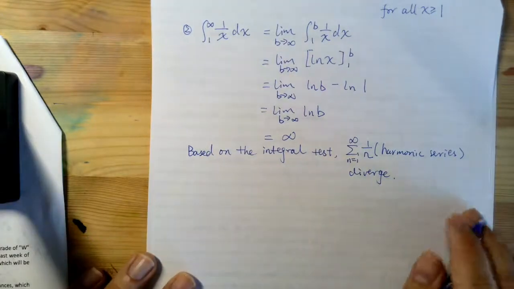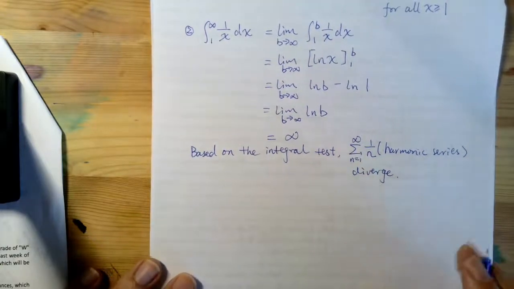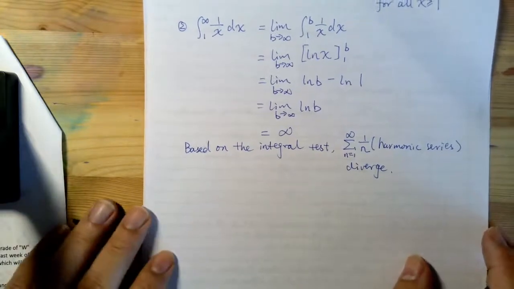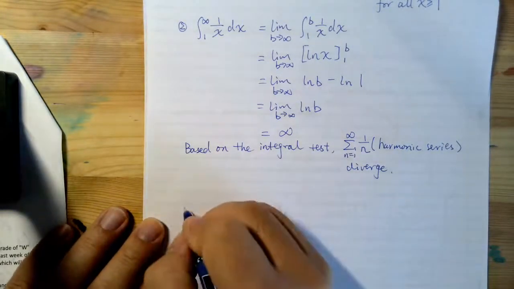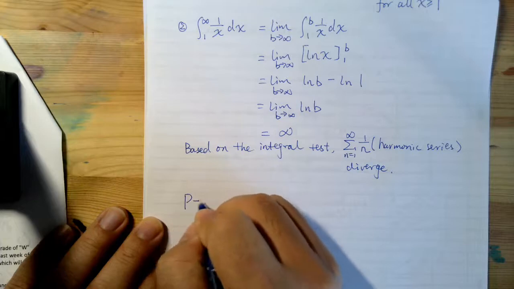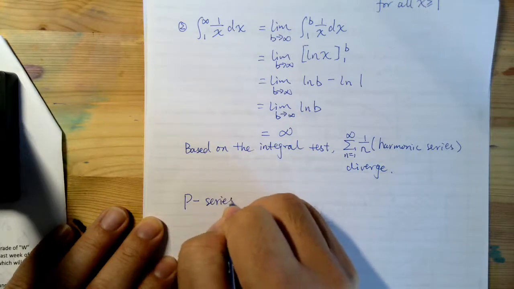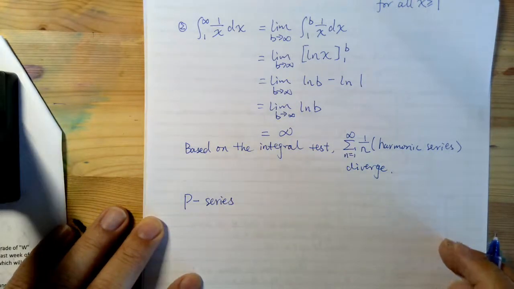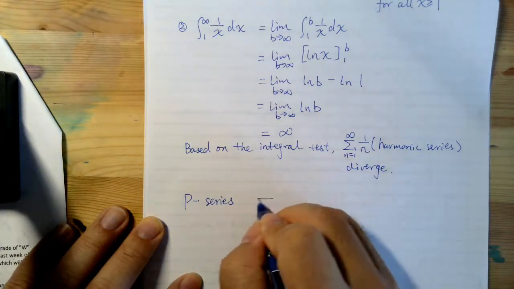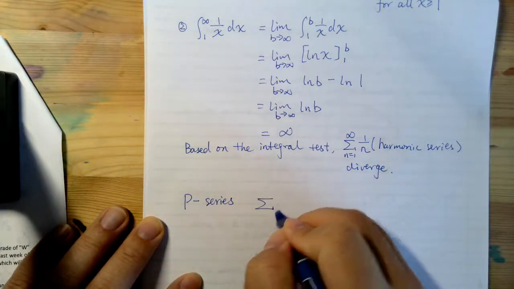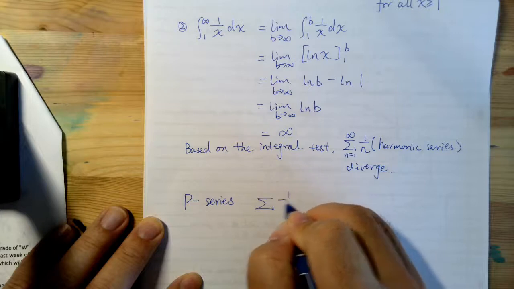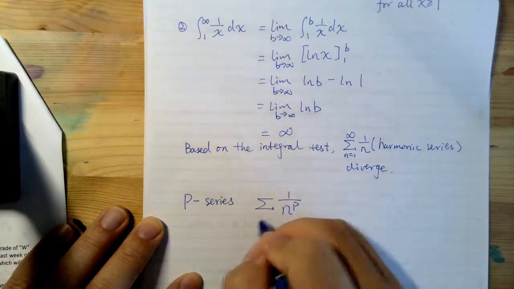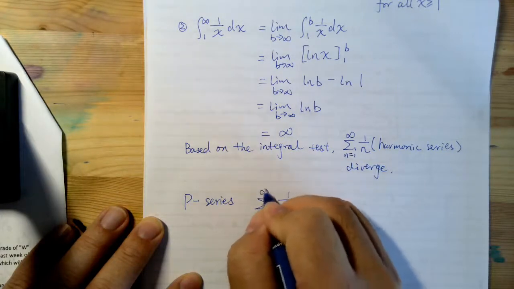From here, we can explain a little bit more. We're going to introduce a series called the P-series. The P-series is in this format: 1 over n to the power of p, with n starting from 1 to infinity.